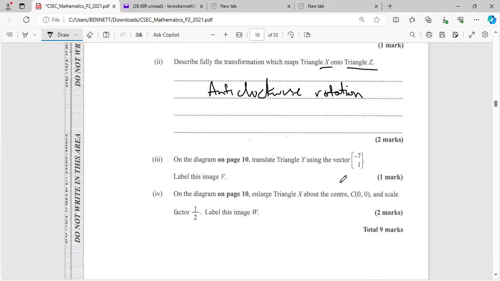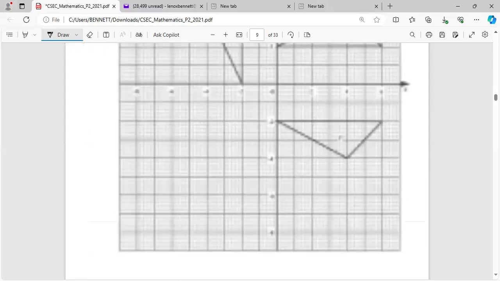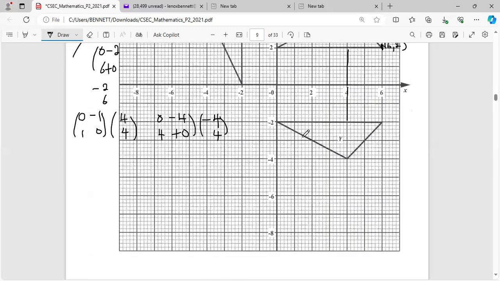It says on the diagram on page 10, translate triangle Y using the vector -7, 1. Label the image B. So the translation is -7, 1.